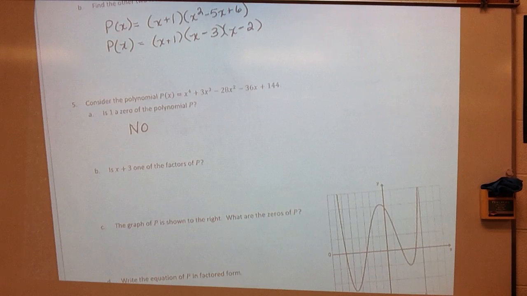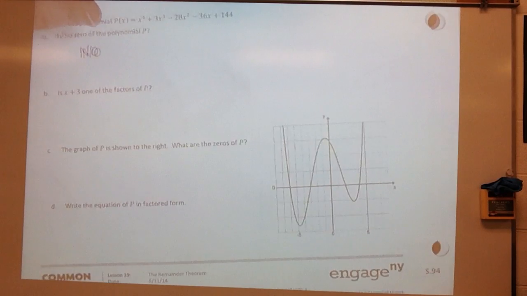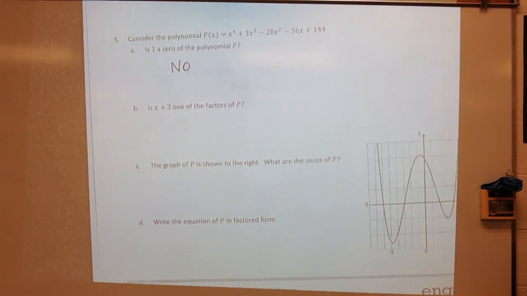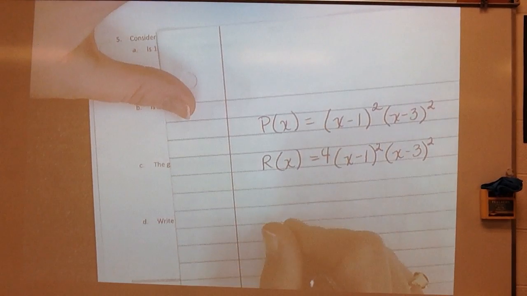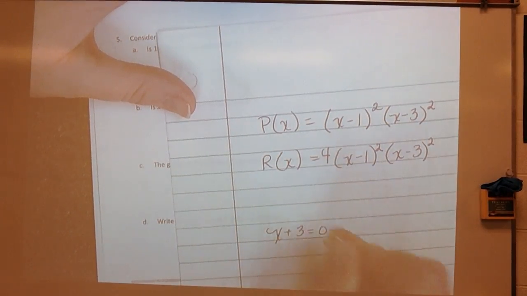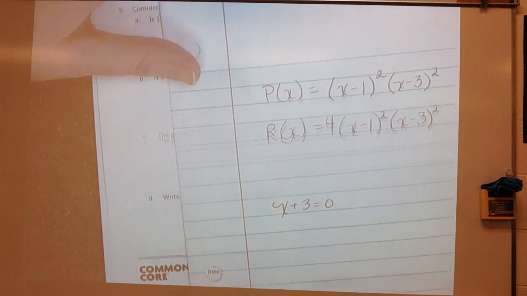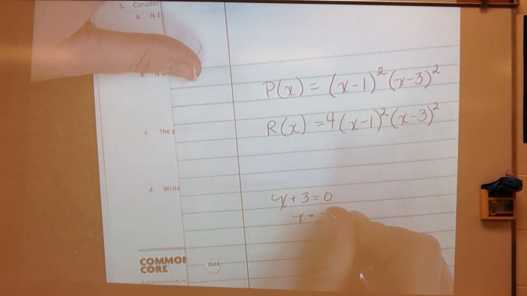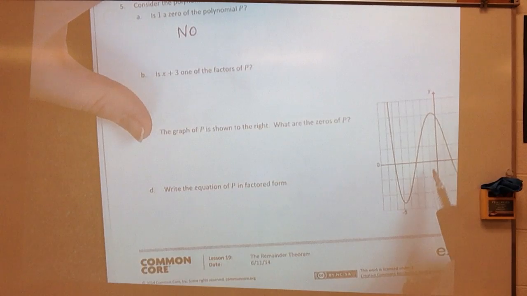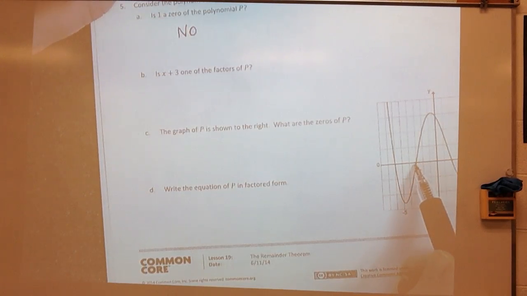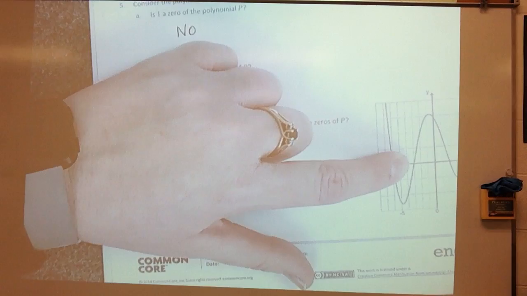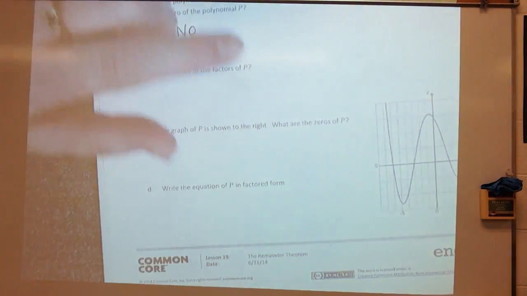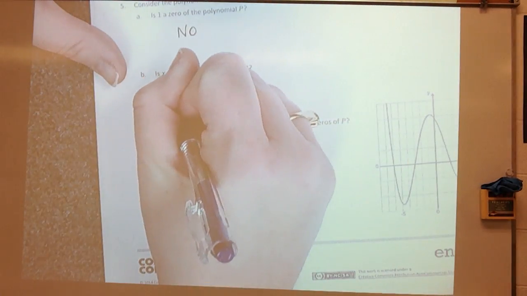Is x plus 3 one of the factors of p? Well, let's think about this. Once again, guys, I don't have to do long division here. You're asking me, is x plus 3 a factor? Well, that means x would be equal to negative 3. So I'm going to come to negative 3. Is that a 0? It crosses the x-axis at negative 3, so yes, that would work.